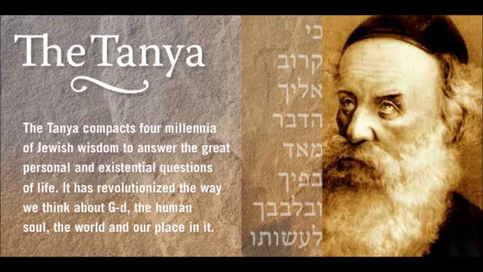So the person might be really exceptional. But what we're learning here, the Alter Rebbe is taking us on a different journey. Is it godly or is it not godly? And that's the introduction to what we're going to learn next week in the second part of chapter 1 about the two souls that we have, the godly soul and the animal soul.